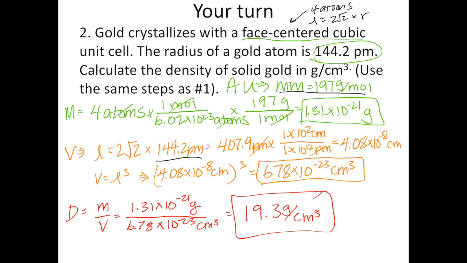And I get my length, which is here. I cube that. And I get my volume, which is there. Now, I just divide to find my density. So I plug my mass in the numerator, my volume goes in the denominator, and I get 19.3 grams per cubic centimeter. And that's the answer.